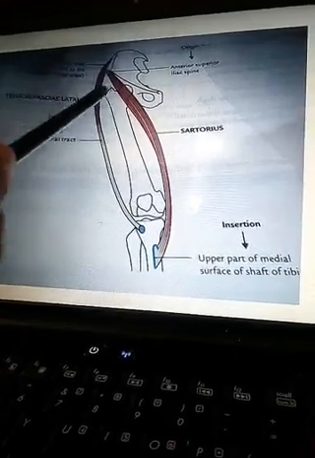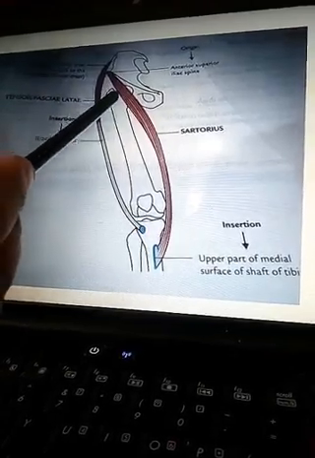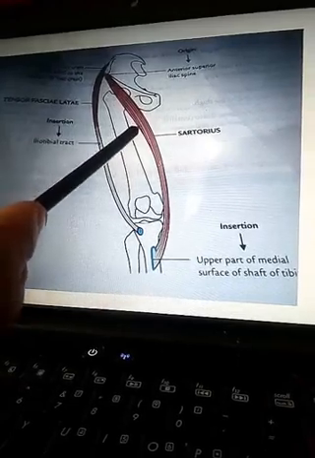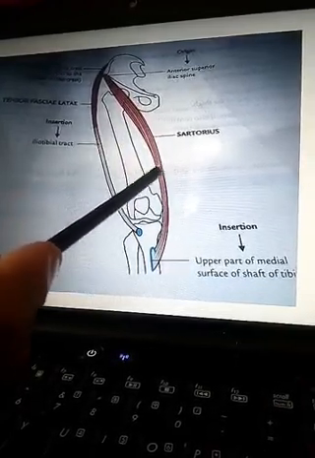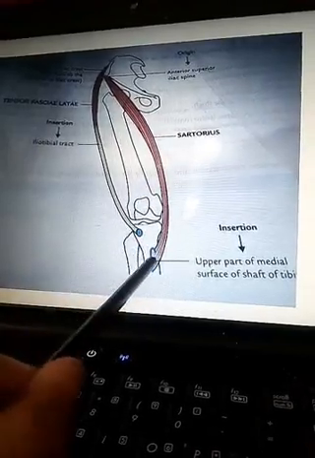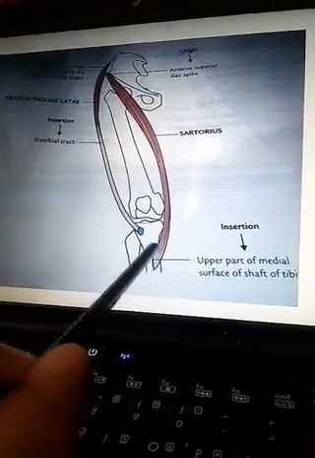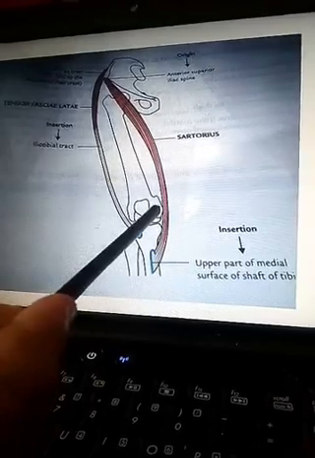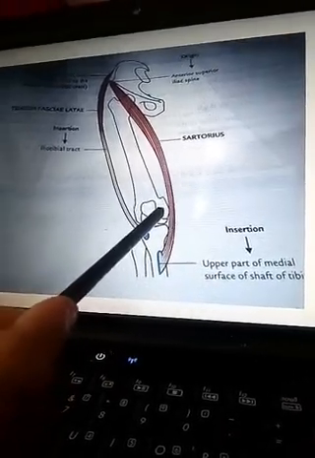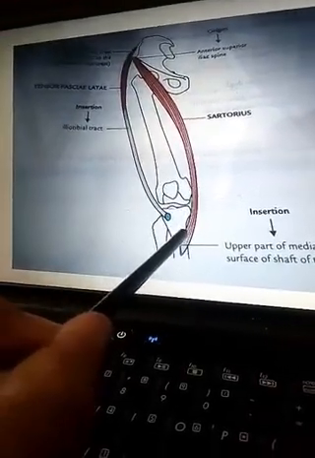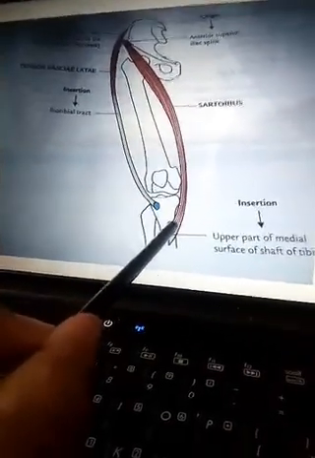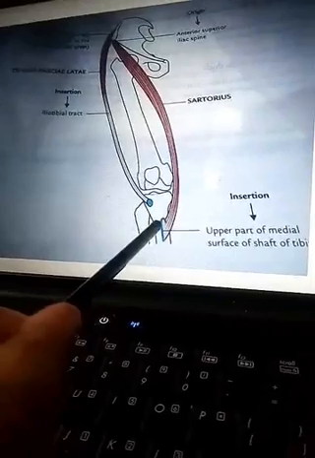The muscle spirals obliquely across the thigh from lateral to medial side to reach the posterior aspect of the medial condyle of femur, where its tendon runs forwards to be inserted into the upper part of the medial surface of the shaft of tibia.